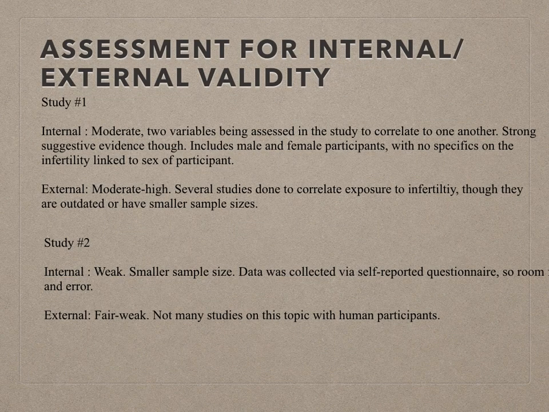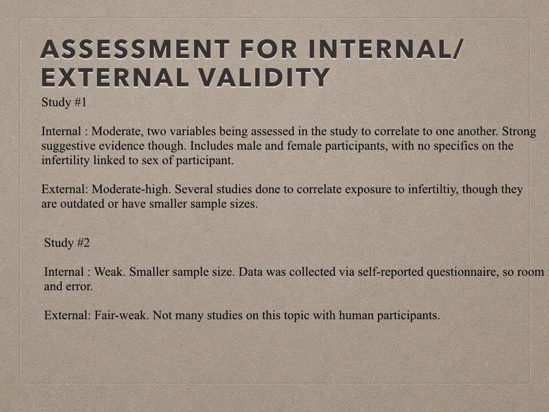This slide is looking at the assessment for internal and external validity. For study number 1, the internal validity is moderate. There are 2 variables being assessed in the study to correlate to one another. There is strong suggestive evidence, though.